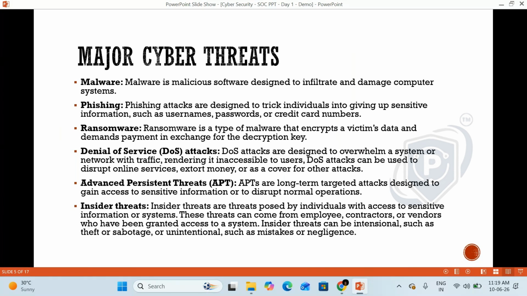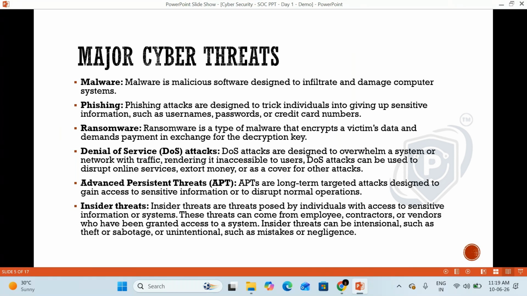Ransomware: they will encrypt your important data, and if you want to access the data you need a decryption key. They will ask for money in exchange for the decryption. DoS attack is used to make services unavailable. For example, if a DoS attack happens on the Indian Airlines website, it is not available to be accessed by a genuine user.